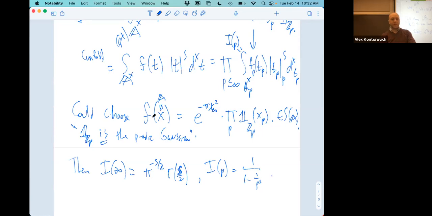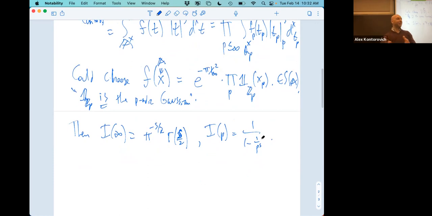Now, for a typical f, it's not true that every single place is the indicator function of Z_p, and the infinity place could be whatever it wants. So there's some finite product which we have no control over, but eventually these integrals look like this. And that infinite product comes out to almost the zeta function.